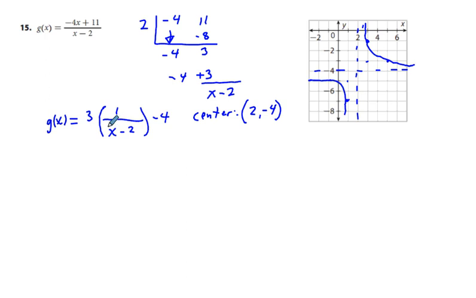And again, we can check. We shifted it over to the right, so we can use 1 and 3.